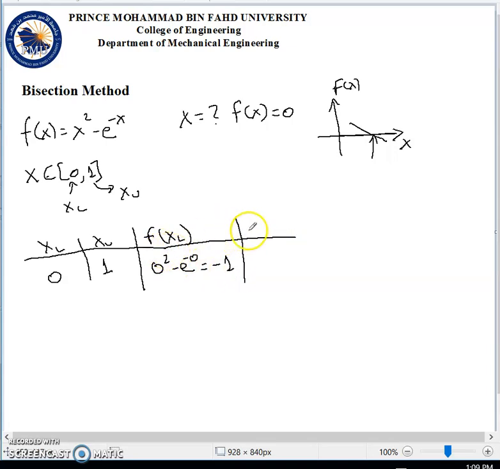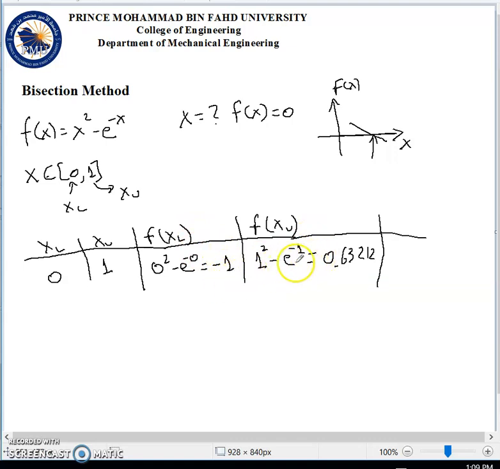In the same way, the value of the function at x upper will equal 1 squared minus e to the minus 1, which is equal to 0.63212. The first thing we notice is that the sign of these two is opposite.